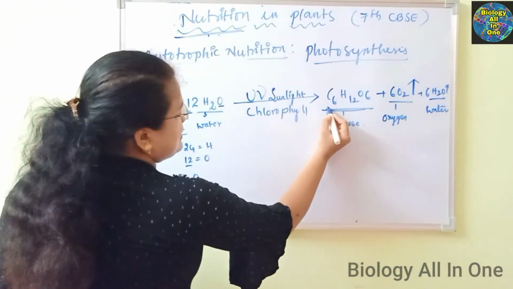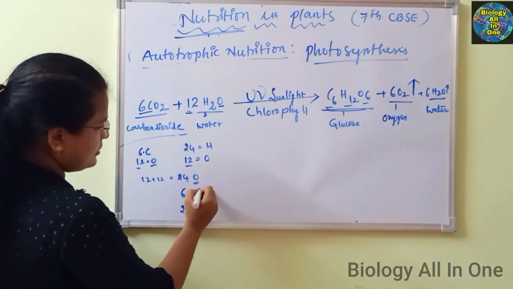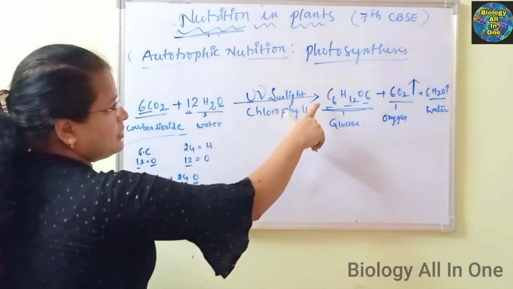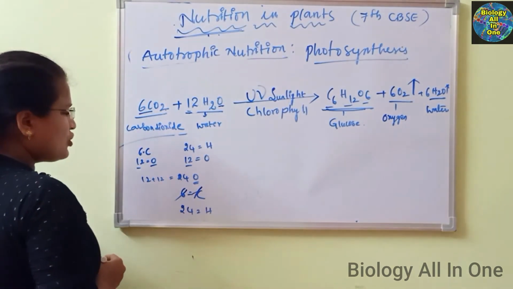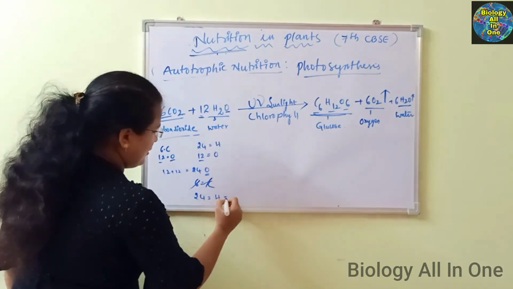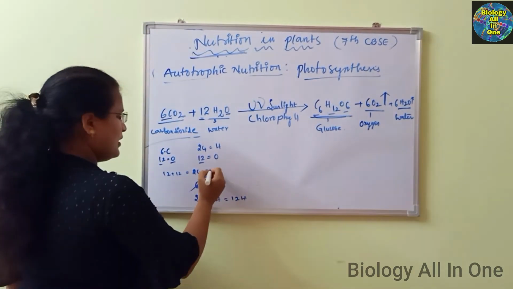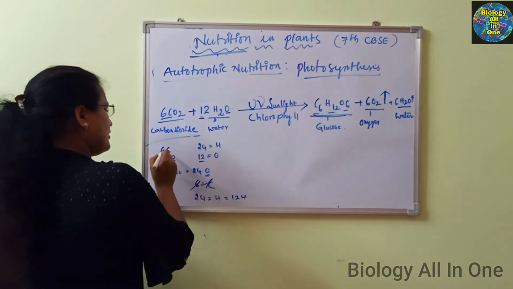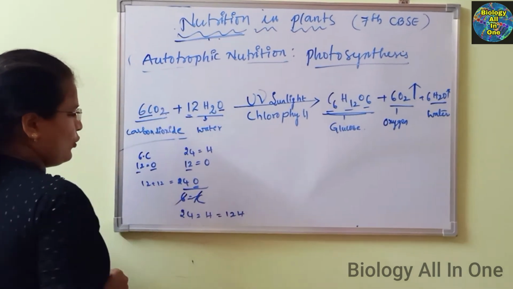See, C6H12O6. Here 6 C's are totally finished. H12 means 12 H's are finished. Only 12 left. O6. See here, how many O's are there? 12 plus 12 is equal to 24 O's are there.